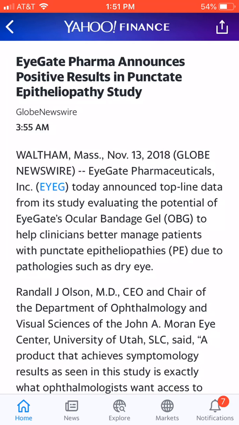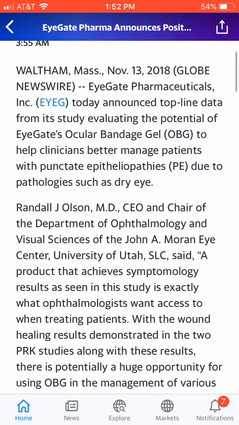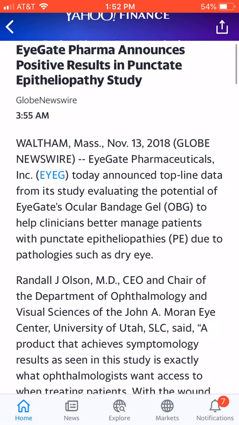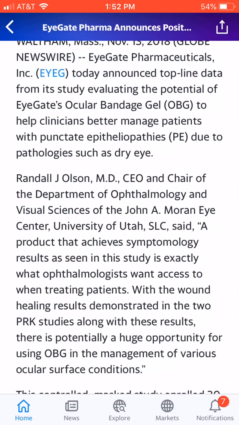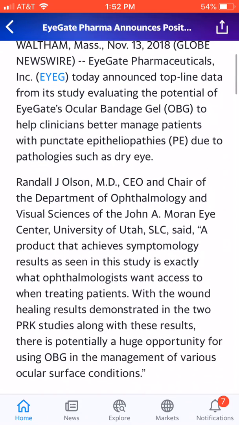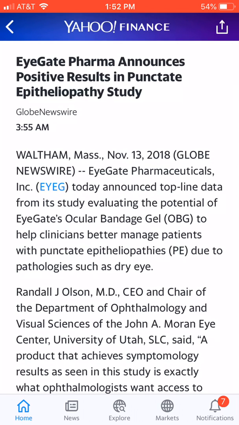And since I'm a trader, I don't really care about the specifics, like what was the drug, what pharmaceutical they're trying to do, and how good the results were. I just cared that the market was responding positively, so I looked at that as a good catalyst. It must have had good trial results.